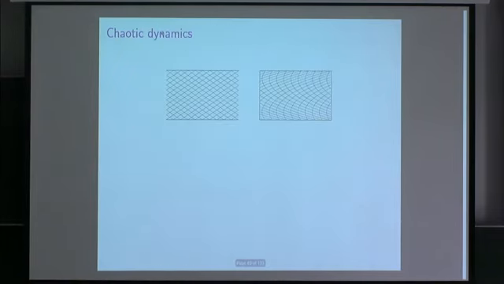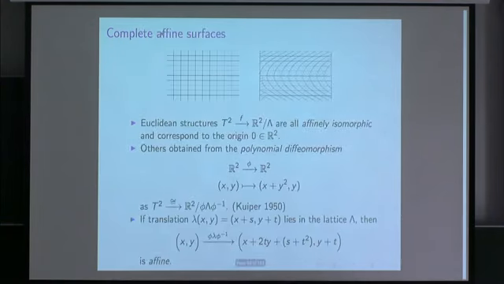Yeah, a typical lattice like this one, there will not be any translations in the holonomy group. So this is a nice exercise to show that if you conjugate a translation by this quadratic polynomial, the quadratic terms cancel out, but you're left with a cross term, and you get a group of affine transformations like this.